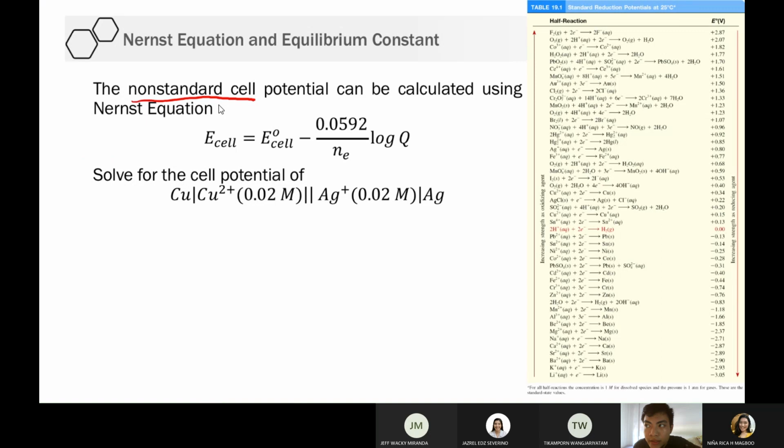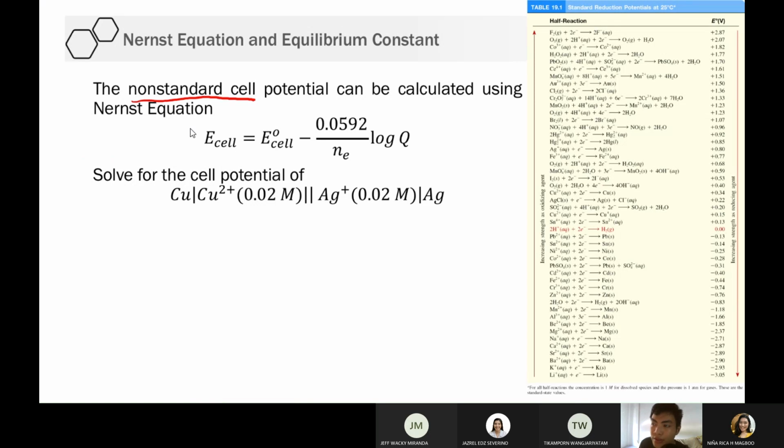For you to determine the E cell, you have to use the Nernst equation, which tells you the relationship of the concentration of your ions in the reaction.